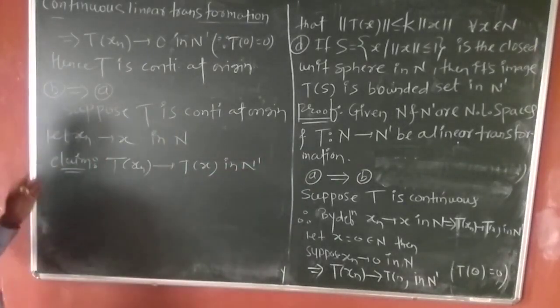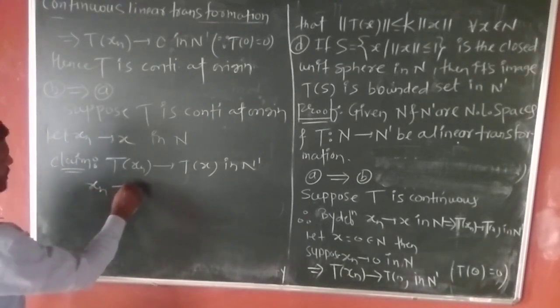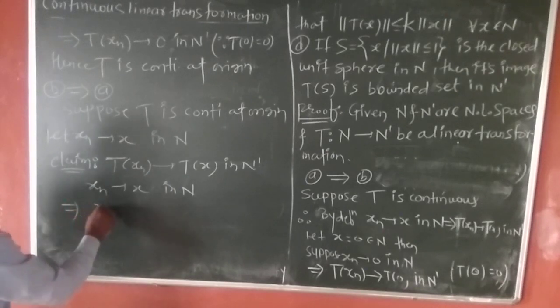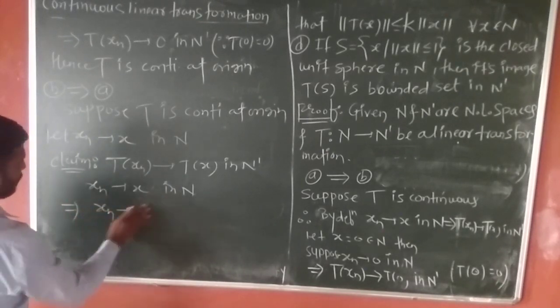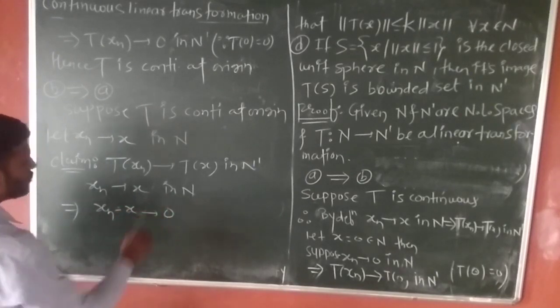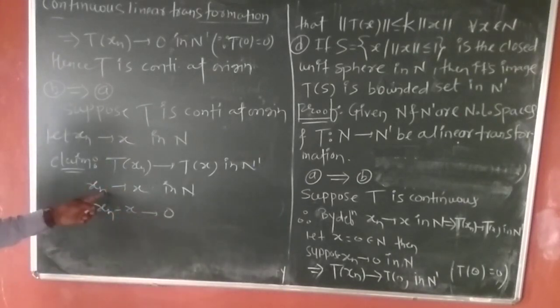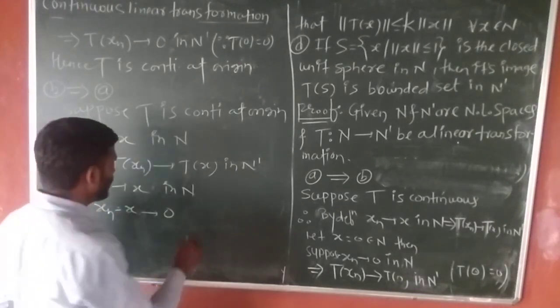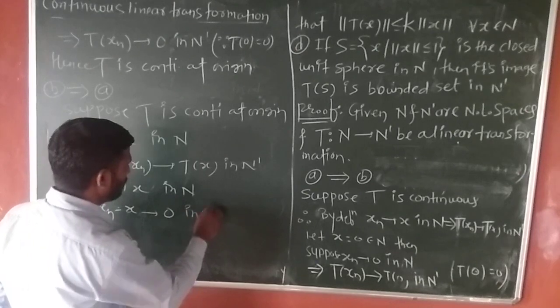That we have to show. So consider x_n tends to x in N. This implies x_n minus x tends to 0 in N.